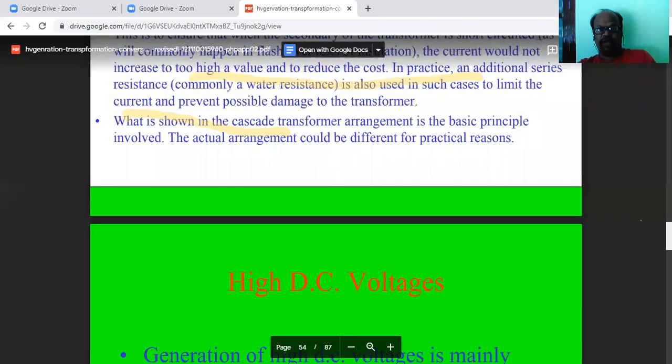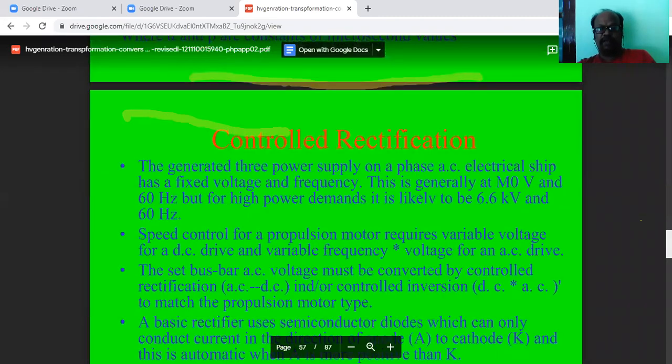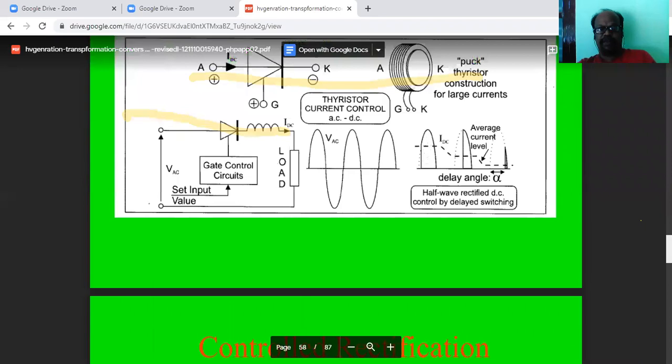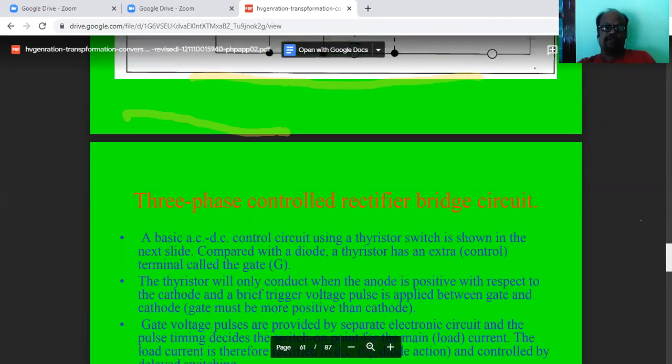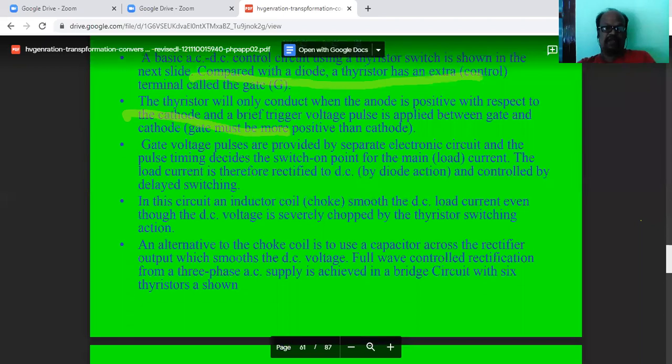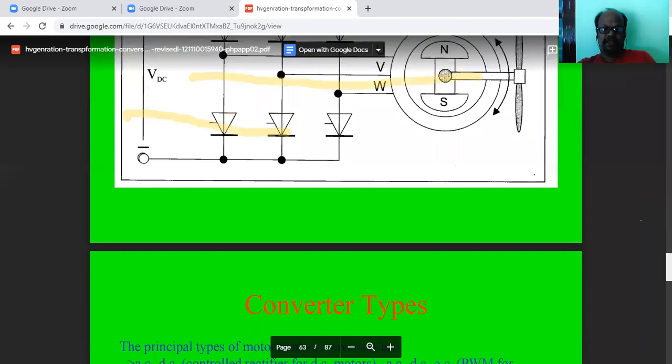Obviously, this goes very high. Of course, we are not interested in high DC voltages, because in a ship arrangement we are only using high voltage power frequency transformers. The remaining things, like converter types and their outputs, we already saw.